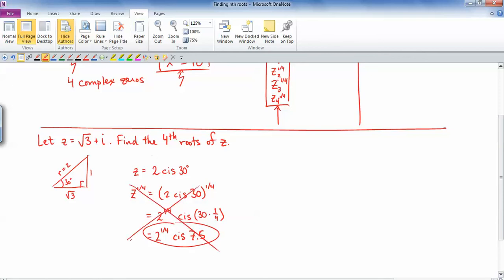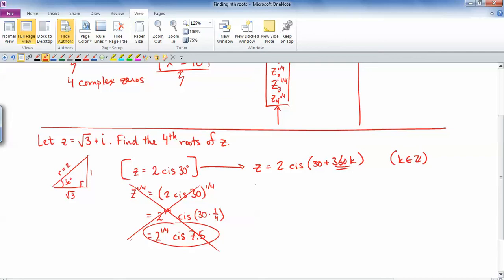Instead, I want to take this number right here, 2 cis 30. That's z, but that also means that 2 cis 30 plus any whole number increment of 360, where k is an integer, should give me the same exact number, because adding 360 still puts me in the same location in terms of cosine and sine.